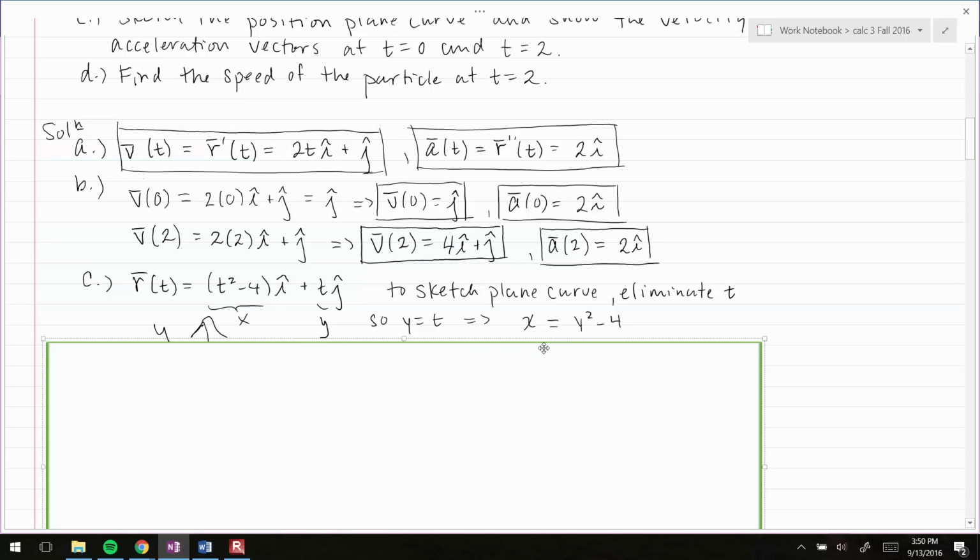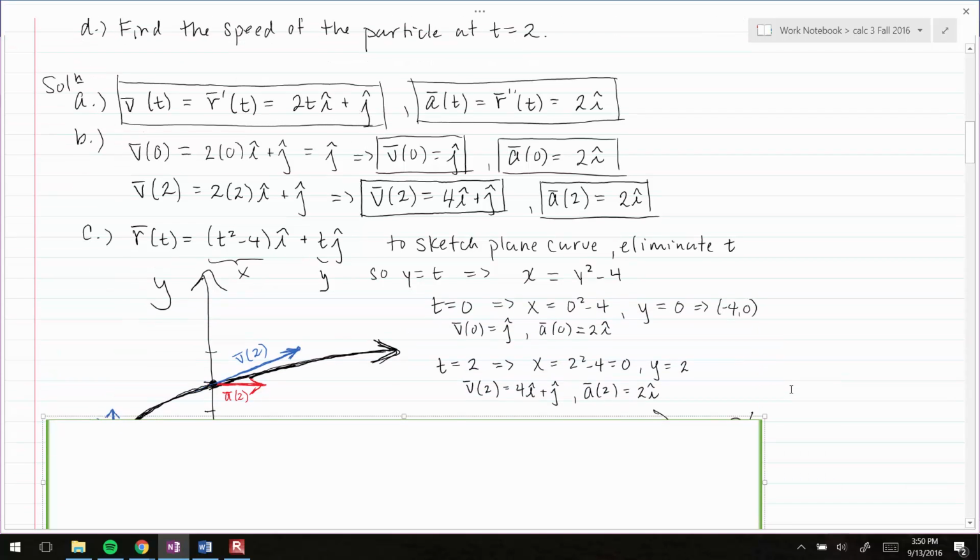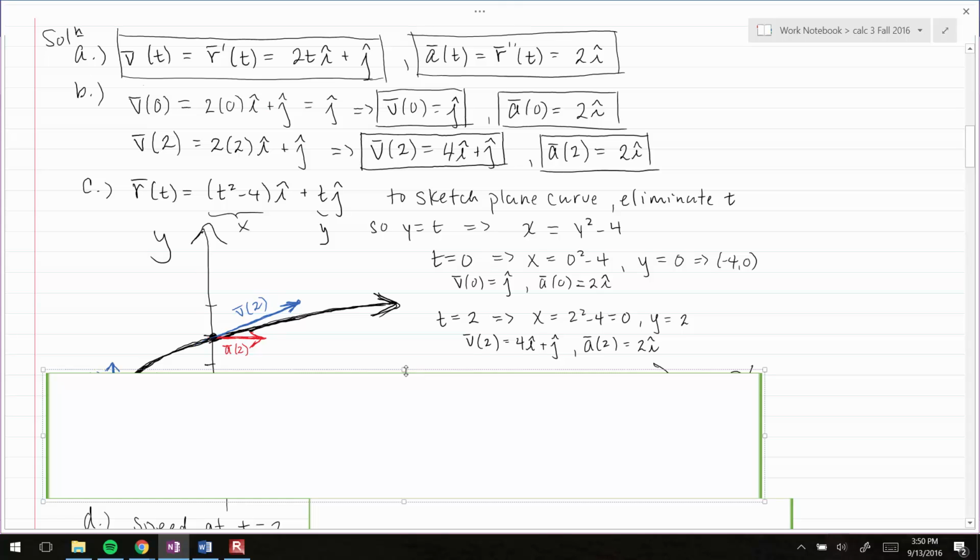So putting that together, we get x equals y squared minus 4. And that's advantageous because this is a curve that's easy to draw. So you could orient your axis either way, but if we do it with the y being our vertical axis, we have a parabola.